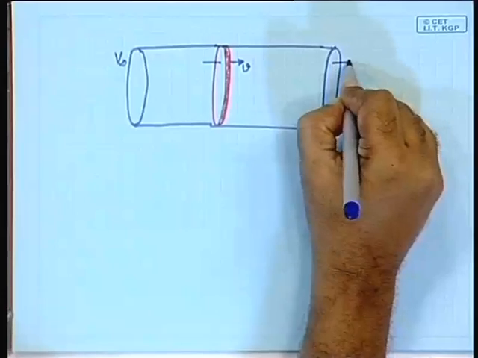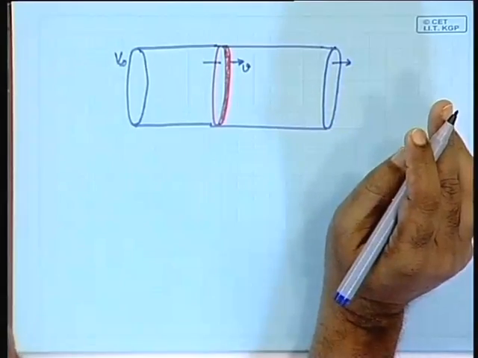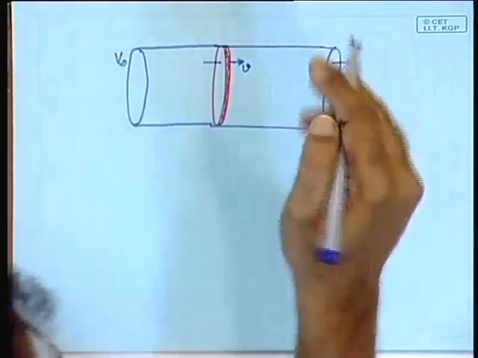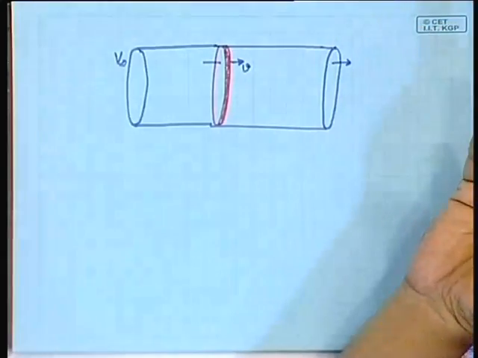And when it reaches here, what should be the velocity? It will not be V infinity, because had it been V infinity, no energy would have been extracted. You have extracted some amount of energy, so here the velocity should be something different. If it is V infinity, then obviously it contains the same amount of energy that it did before. Some amount of energy has been taken out.